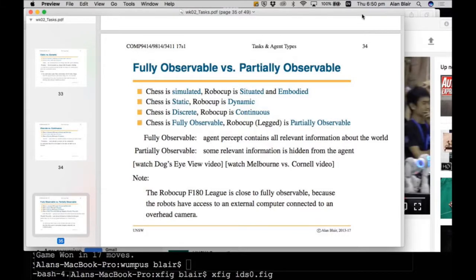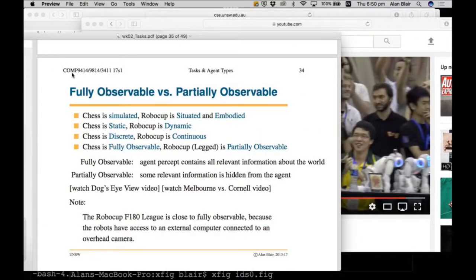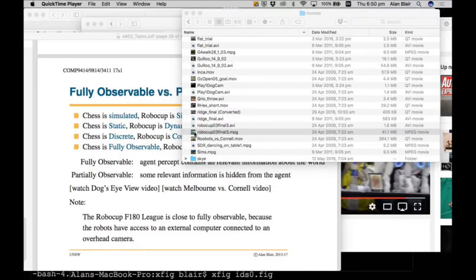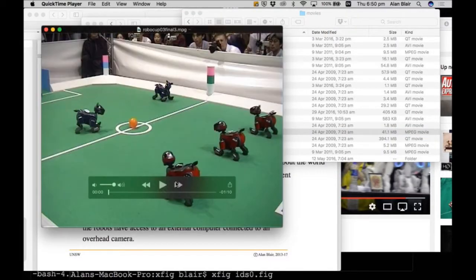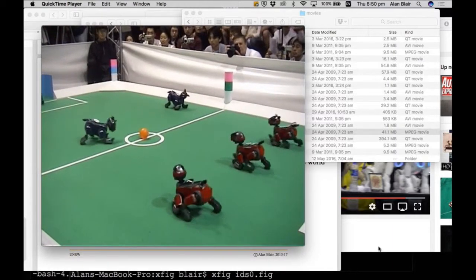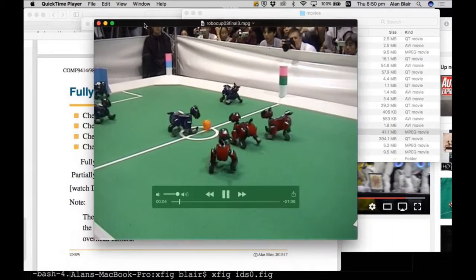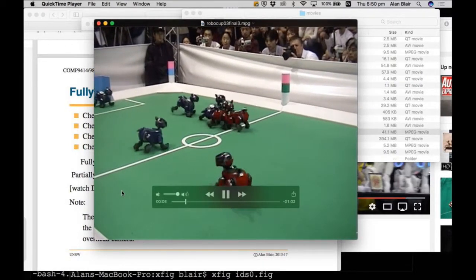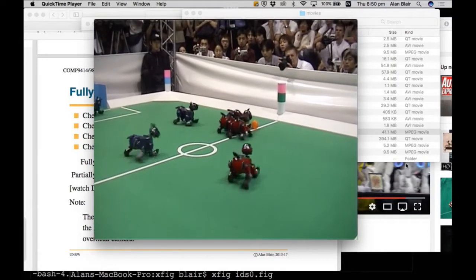What about Robocup? Now this is where I got a couple of videos from the old days when they had four-legged robots instead of two-legged. And again, we don't think we have the sound here, but it's just the motors crunching sort of thing.